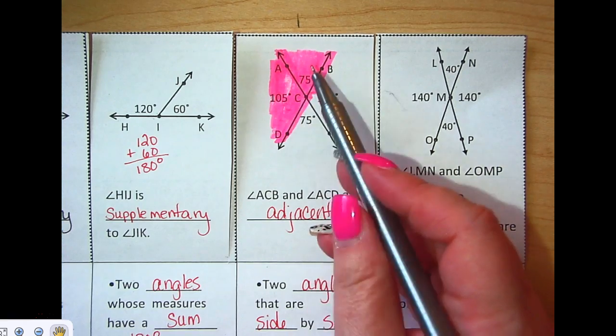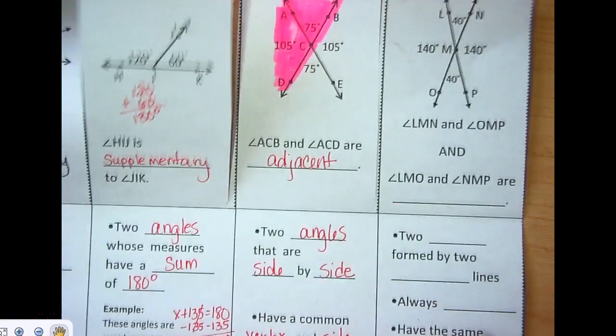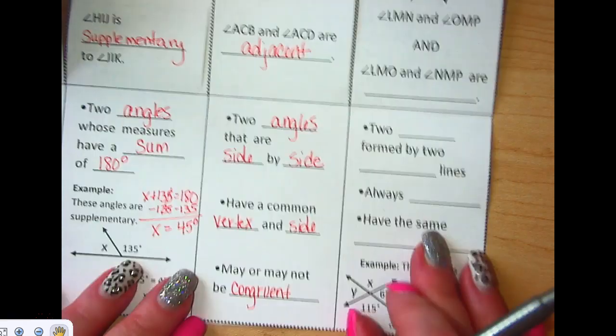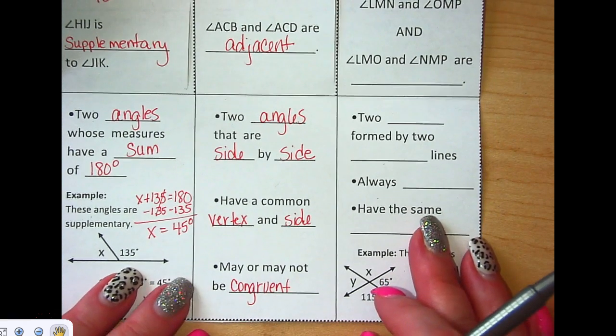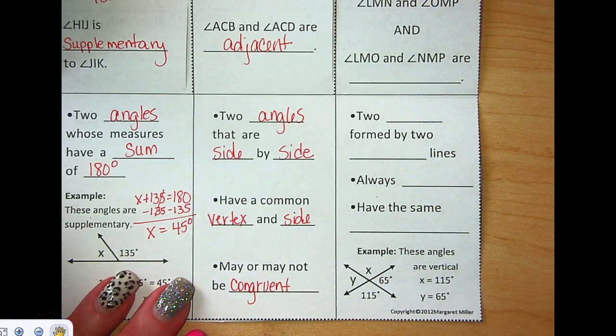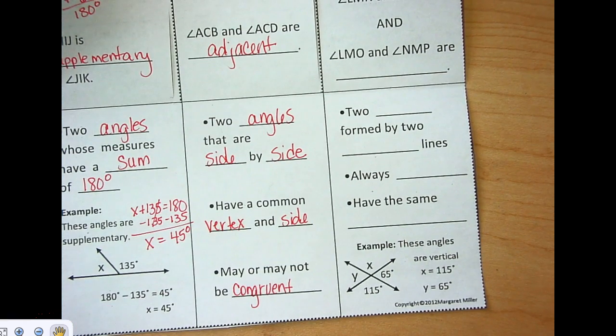So they're not the same shape or the same size. They are not congruent, but they are side by side. But adjacent angles do not have to be congruent. That is not a requirement for them to be adjacent. Adjacent just means a next door neighbor, an elbow partner. All right, let's look at the next one.